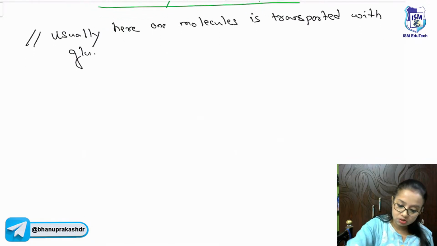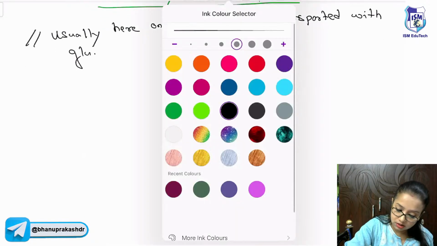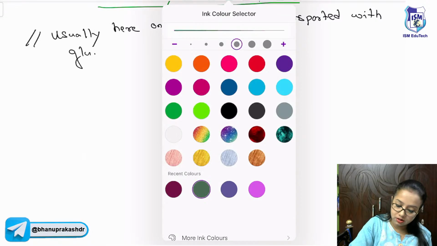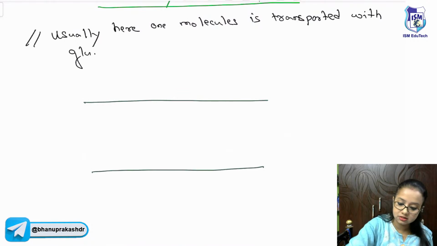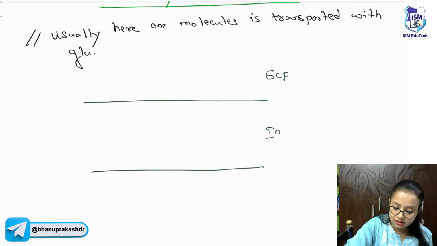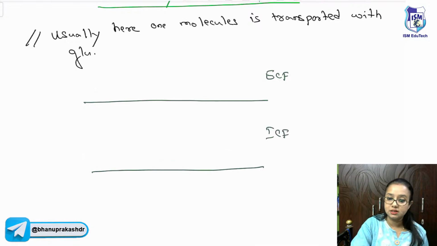So, if we draw for our understanding benefit and try to understand the thing. So, this is the ECF and this one is the ICF. Okay, we are just doing it inside the box so that we can understand it better.